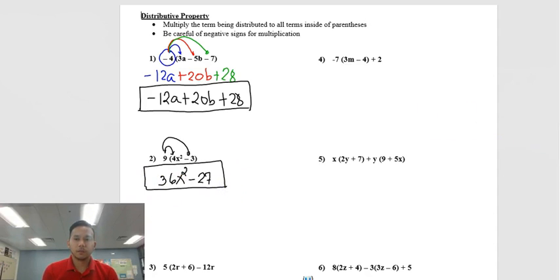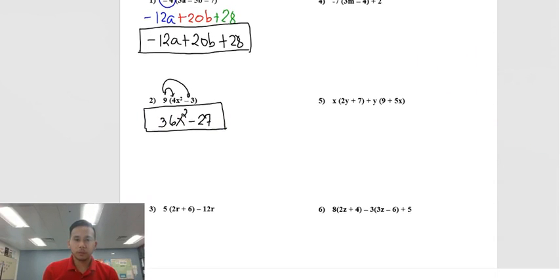All right. The third problem is 5 times the quantity 2r plus 6, minus 12r. You only have to distribute your 5 to 2r and 6. Do not distribute the 5 to 12, because 12r does not belong to the parentheses.